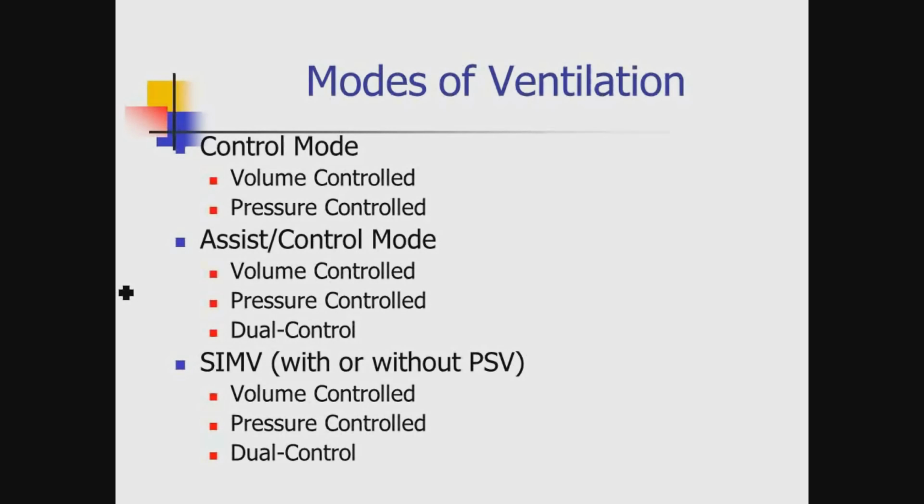So I can have a volume-oriented breath in the control mode, or a pressure-oriented breath. In assist control, I can have a volume or pressure, or actually the dual we talked about. In an SIMV, I can have the three of them also.